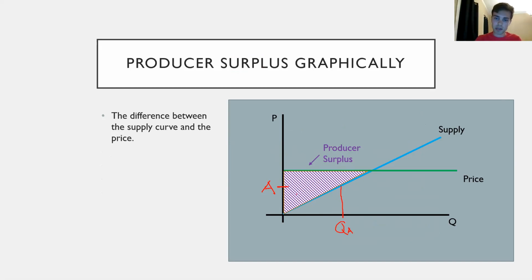And since the supply curve is telling us what producers are willing to sell, we can calculate producer surplus for this market by taking the difference between the price and the supply curve, which is telling us what suppliers are willing to sell at. Right, so again, we're going to get this nice triangular region. That's our producer surplus.